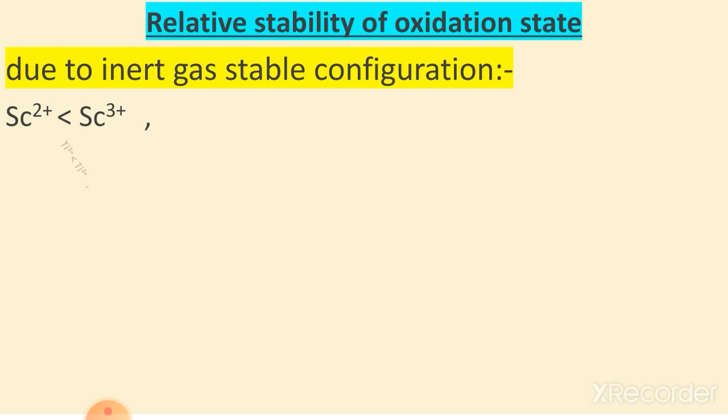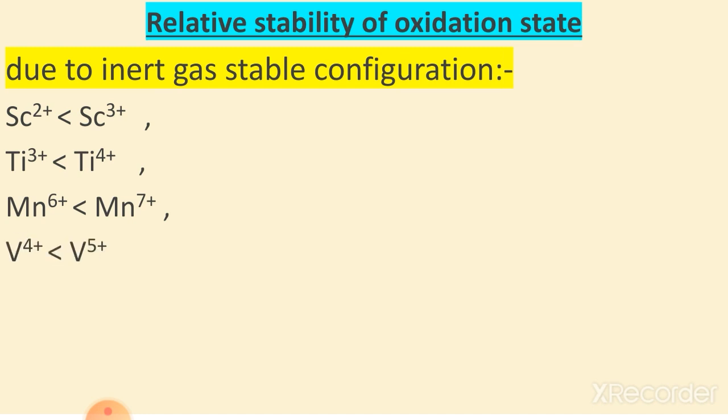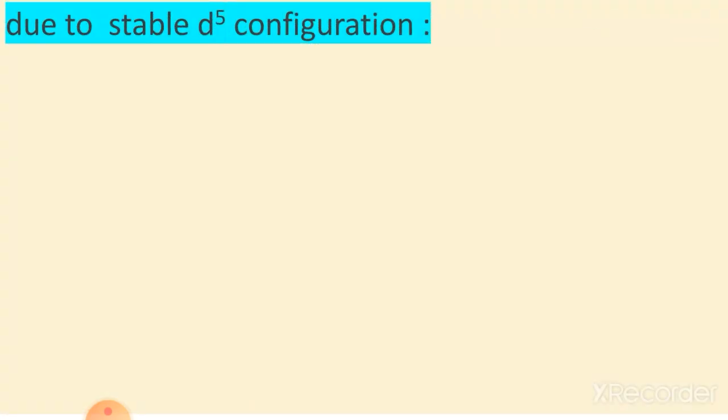This is due to stable noble gas configuration. Then Ti3+ is less stable than Ti4+. This is again due to noble gas configuration. Then Mn6+ is less stable than Mn7+, again due to noble gas configuration. Vanadium 4+ is less stable than vanadium 5+, again due to noble gas configuration. So this type of question may be raised.